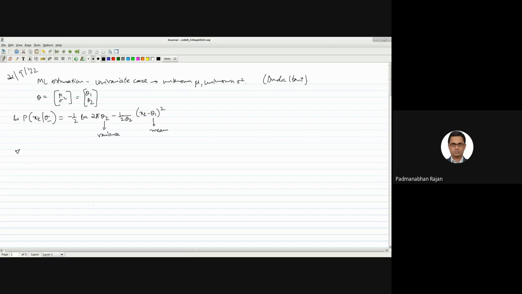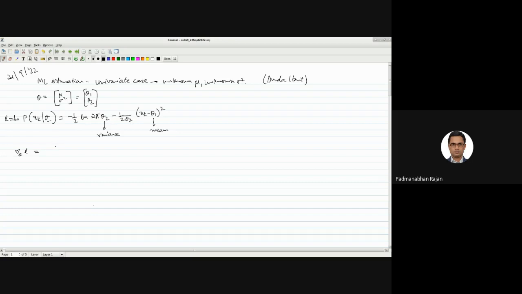And now we need to apply the gradient. We apply this derivative operator over theta to my likelihood function L. What will this give me? Because there are theta1 and theta2, we will first differentiate with theta1, then with theta2. When you differentiate with respect to theta1, the first term becomes 0.